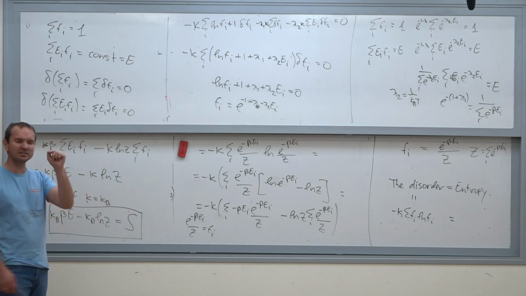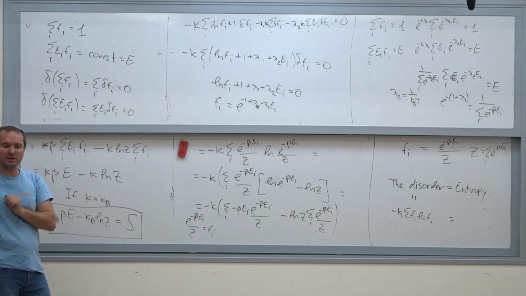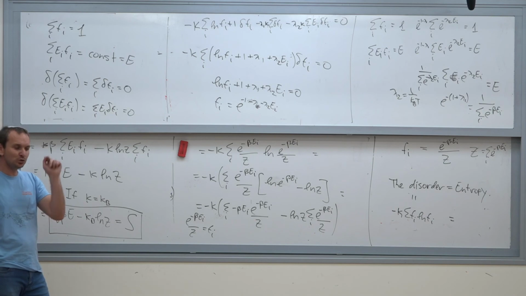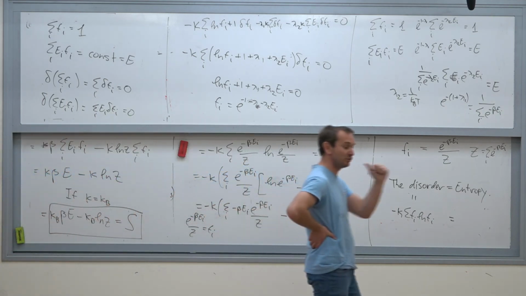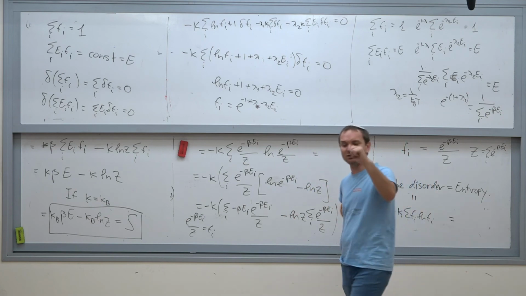You should take this constant k to be equal to k Boltzmann, and you should find the maximal values of this disorder, or maximum values of your entropy, for a specific situation.